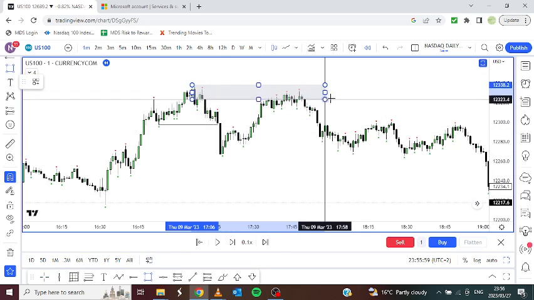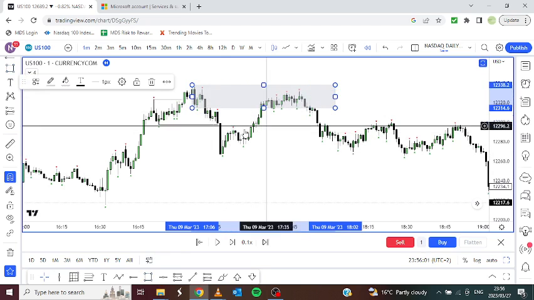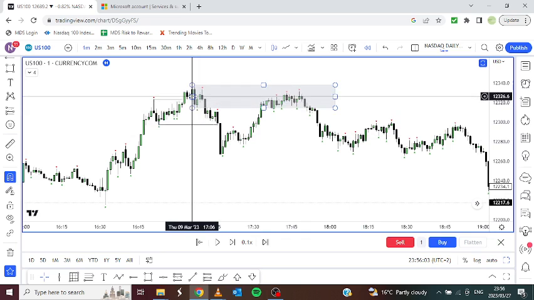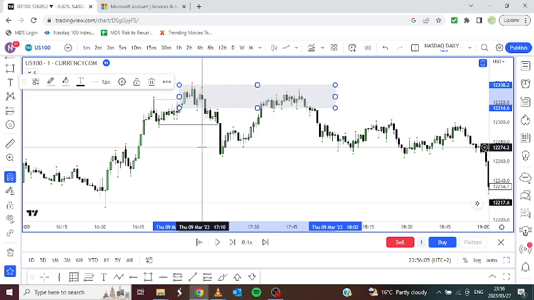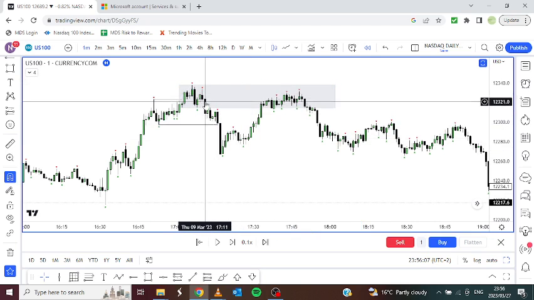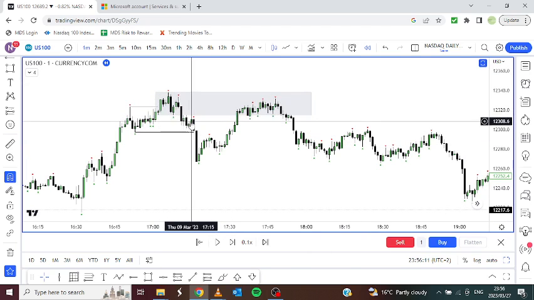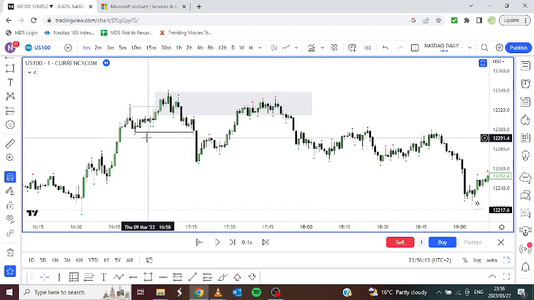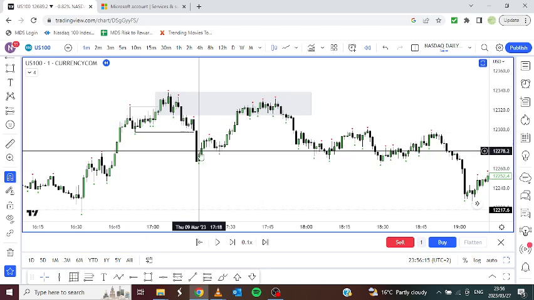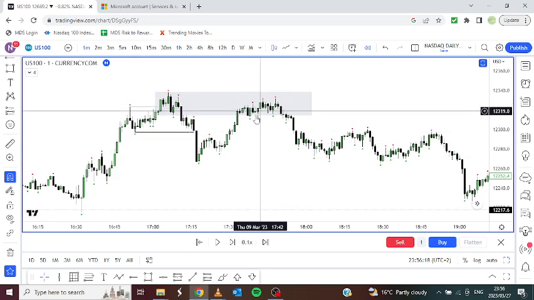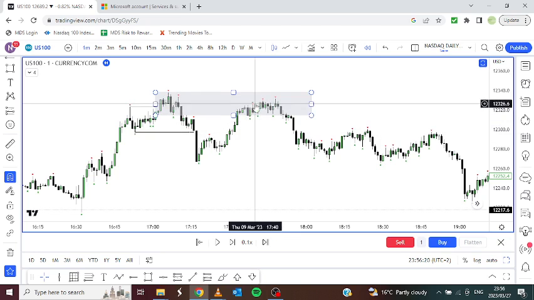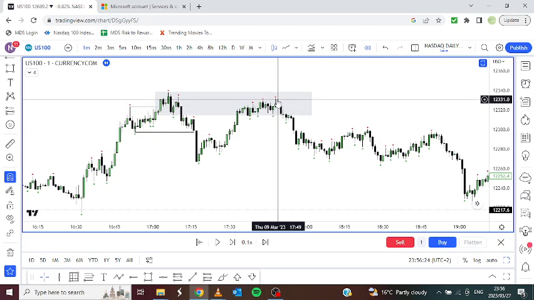This is basically the POI that we're looking at. Here's the inefficiency. Yeah, and here's the internal liquidity on the break down here. And here is internal liquidity as we're coming up, because here's a high formed here, and there's 3 drives up here. So there's 1, 2, 3.